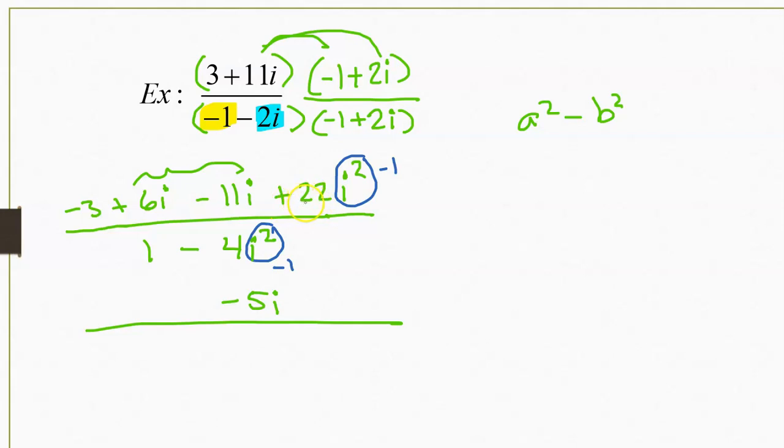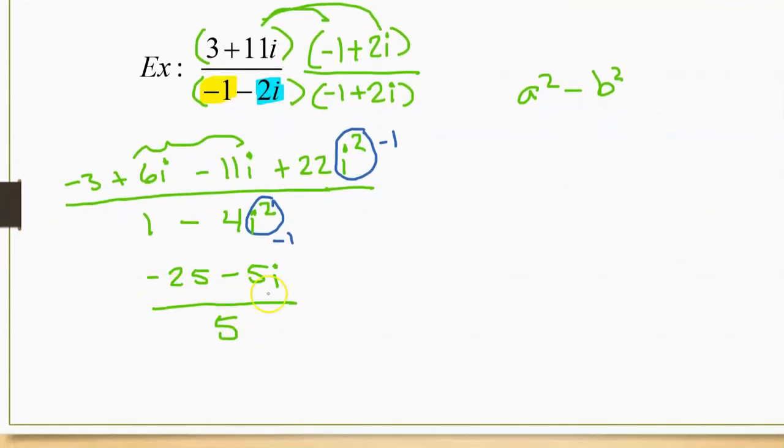So I really have negative 22 and a negative 3. So that's negative 25. Okay, so that doesn't need to be that long. And in the denominator, this negative 1 times a negative 4 is really a positive 4. So this is 1 plus 4, so this is a 5.